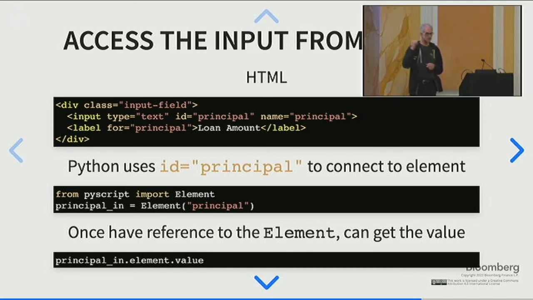And then we're going to just instantiate element with the name of the element that we want. This is essentially going to do a get element by name. So now we have a reference to our input box. We can just get the value off of that.